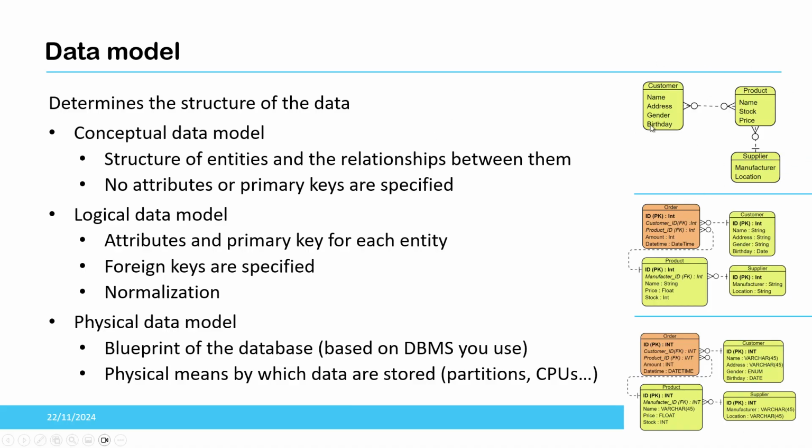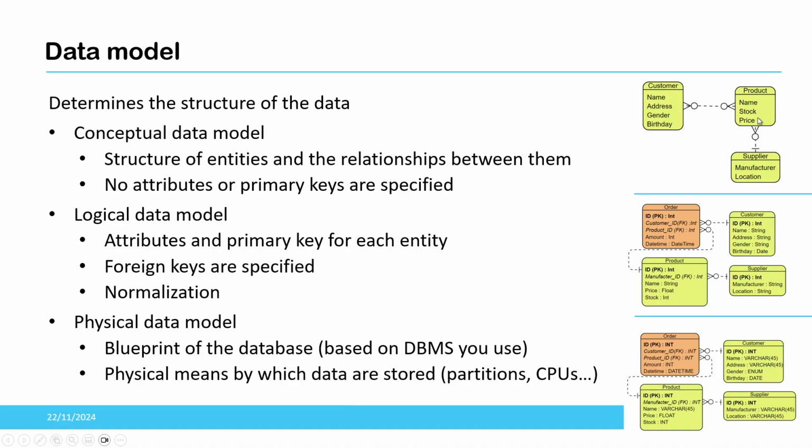There is an example here on the right. Imagine that you are a store, you have some customers, and you want to store their name, address, gender, birthday, GDPR compliant, of course. But imagine that this is GDPR compliant. Then this is the information we want to store about our customer. You can say, okay, I also have some products, so I also want to be able to store those.